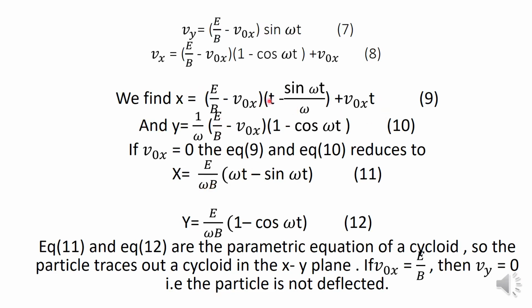Now if we put the initial velocity v0x = 0, then equations 9 and 10 reduce to x = (E/Bω)(ωt − sin ωt), this is 11, and y = (E/ωB)(1 − cos ωt). This is equation 12.